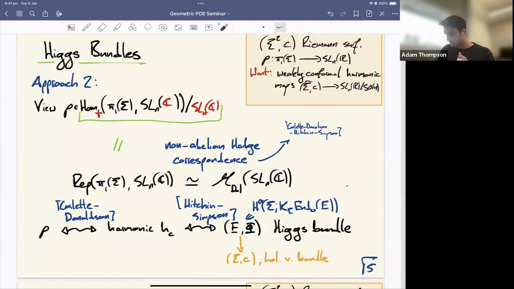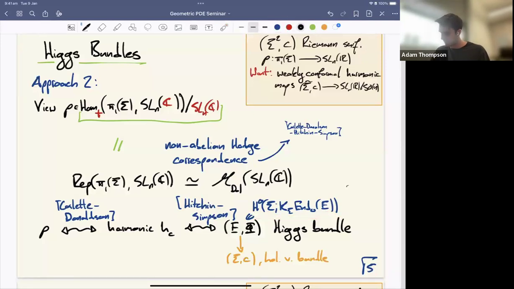And then the non-abelian Hodge correspondence says that these are also the same as something called a Higgs bundle. A Higgs bundle is a holomorphic vector bundle with this so-called Higgs field phi, which lives in this strange looking space.